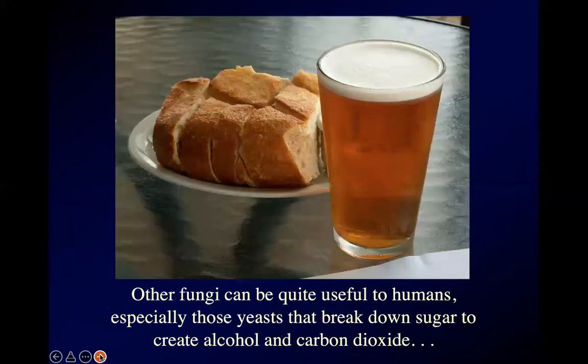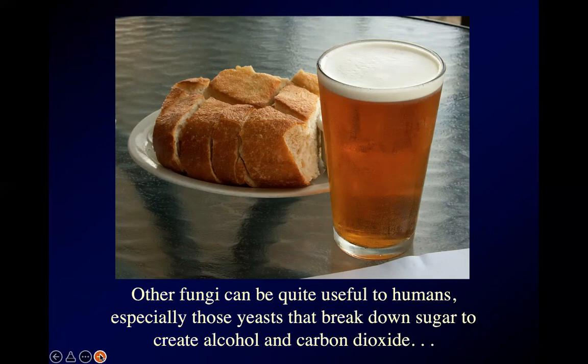On the other hand, there's other fungi that are quite useful to humans. There are species of yeast that have a nice trick. If you feed them sugar, they'll break it down, and their byproducts are the gas, carbon dioxide, and a liquid called ethyl alcohol.